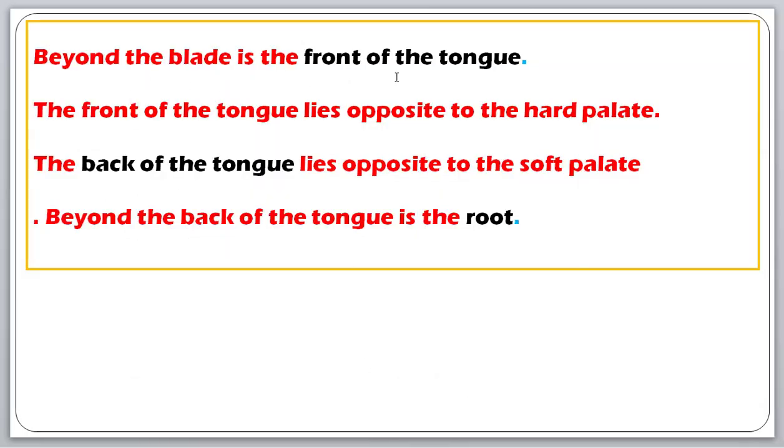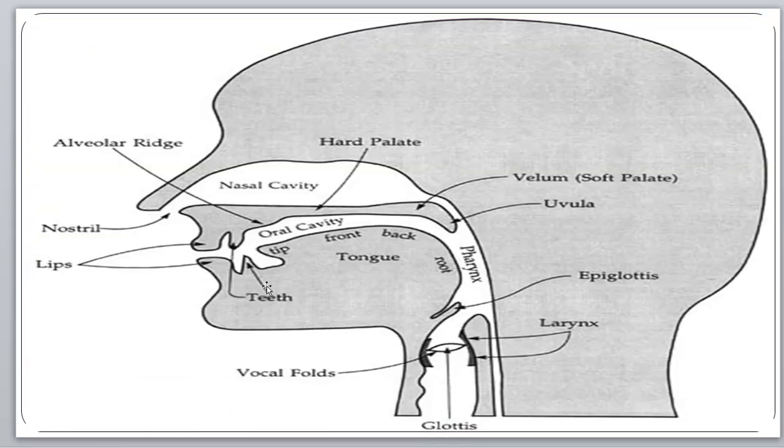So beyond the blade is the front part of the tongue. The front part of the tongue lies opposite to the hard palate. The back of the tongue lies opposite to the soft palate. Beyond the back of the tongue is the root. Okay, you will see it clearly in this picture. If you consider this as the tongue, there is the tip of the tongue, which is below the alveolar ridge, the teeth ridge.